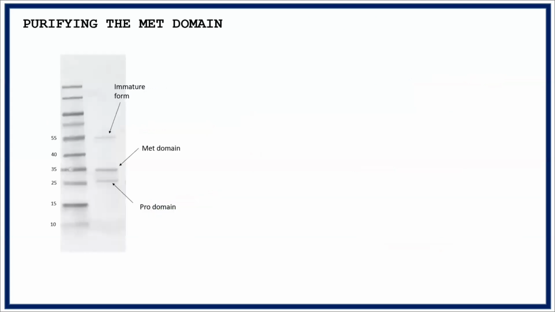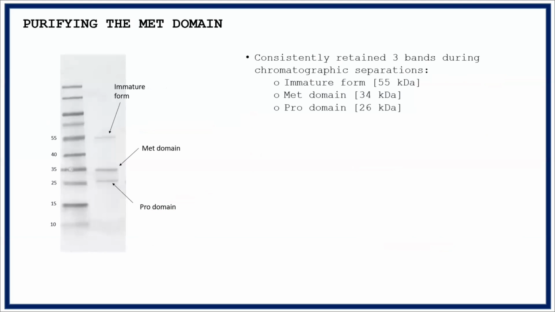And so the last point I want to touch on is what the keen-eyed and eared amongst you will have noticed. I am persistently showing 3 bands in my consensus sample, and this is despite histag purification. And as I've mentioned, we believe these correlate to the immature form, the met domain only, and the pro domain only.